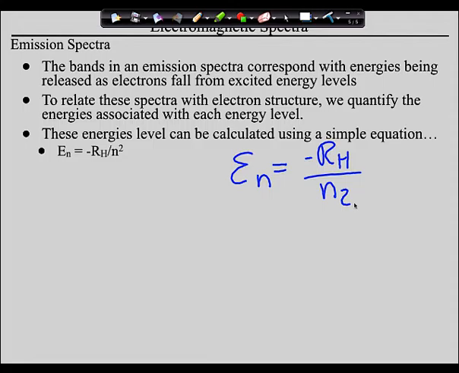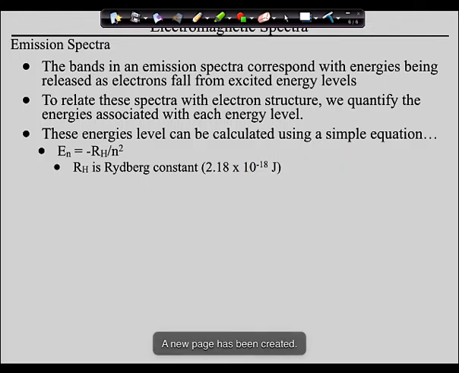But guys, here's the trick. R sub h is not 100. R sub h is 2.18 times 10 to the negative 18th.